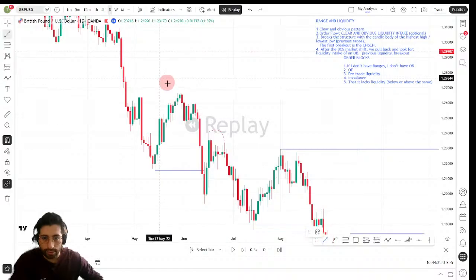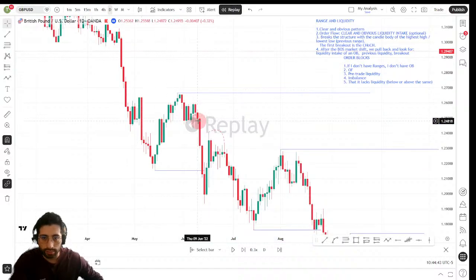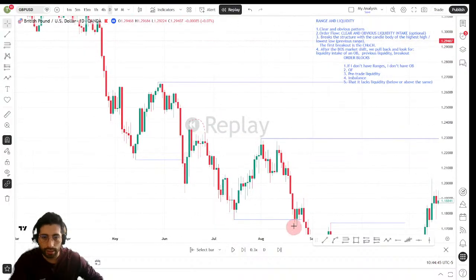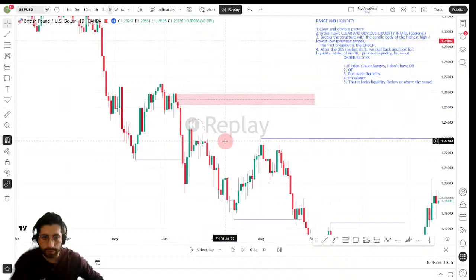Unfortunately this high didn't have a proper reaction on an order flow. Still it works. And the price went to this ideal order block to be mitigated, so the price should have gone up and continued.